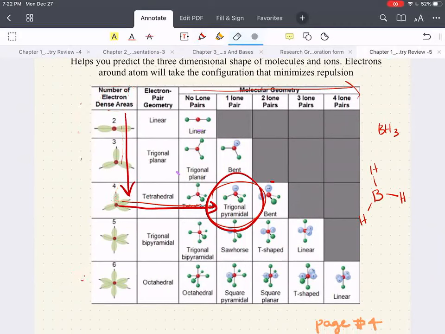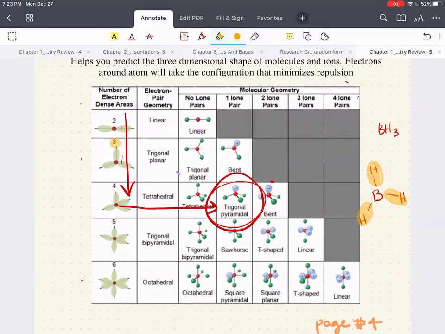Oh no, I can't erase these arrows. That's okay. We will work around that. That is my fault. How many electron dense areas are around boron? There's 1 right here, 2, and 3. So there are 3 electron dense areas around boron.